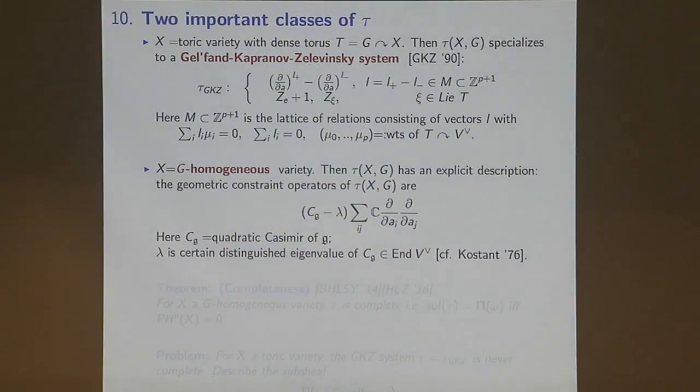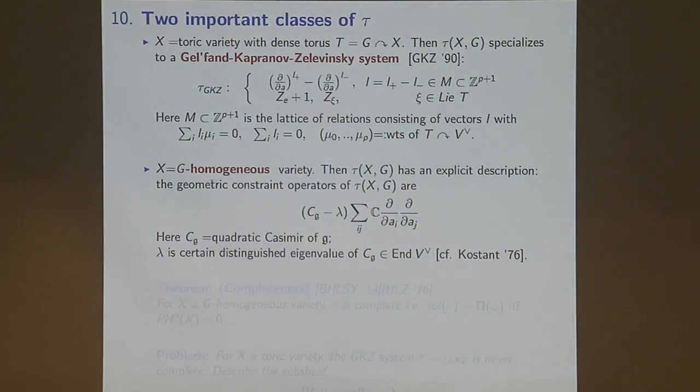This is a second case. Take X to be a G-homogeneous variety. And then in this case, one also has a very explicit description of the tautological system. Namely, aside from the symmetry operators coming from the group G, the constraint operators are generated by second order constant coefficient differential operators.